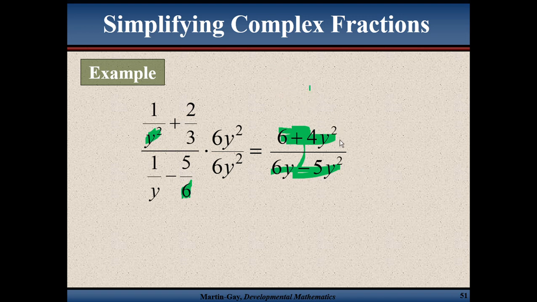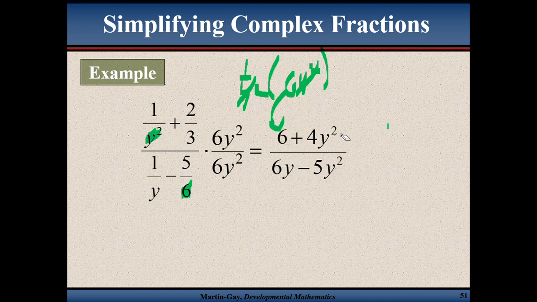Dito sa umpisa, 1 over y squared multiplied by 6y squared. So, makakancel yung y squared, natira 6. Kaya natira yun 6 doon. Di ba? Buburahin ko nga para makita nyo. Ayan, kaya nakita mo yung 6 na yan.